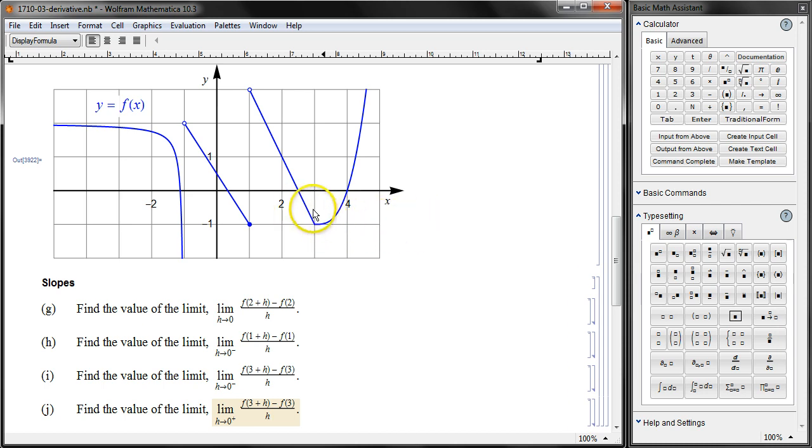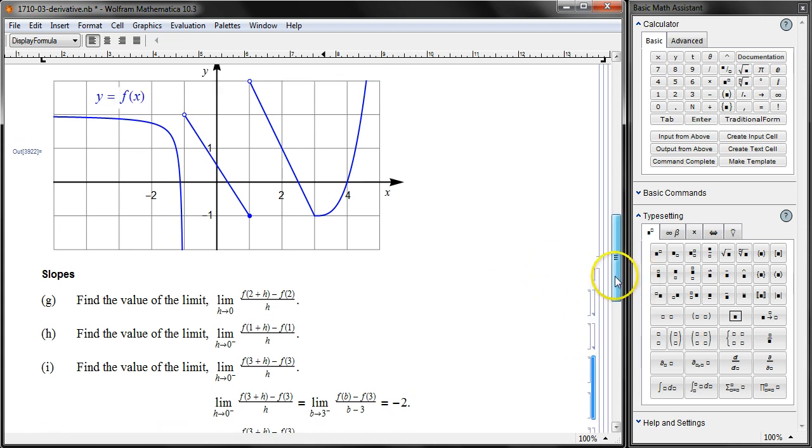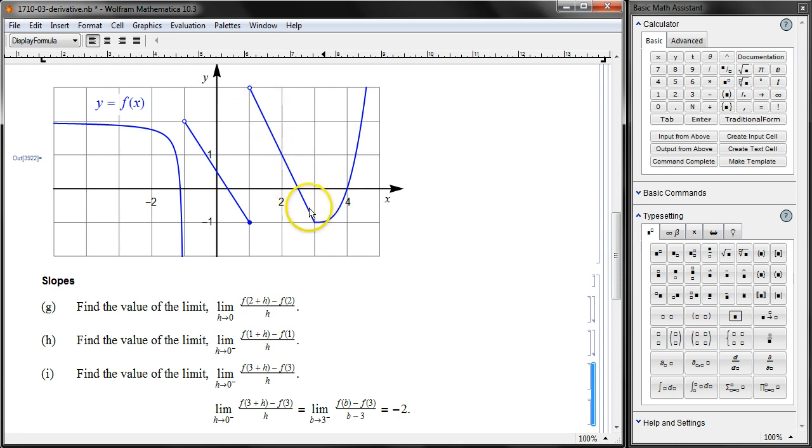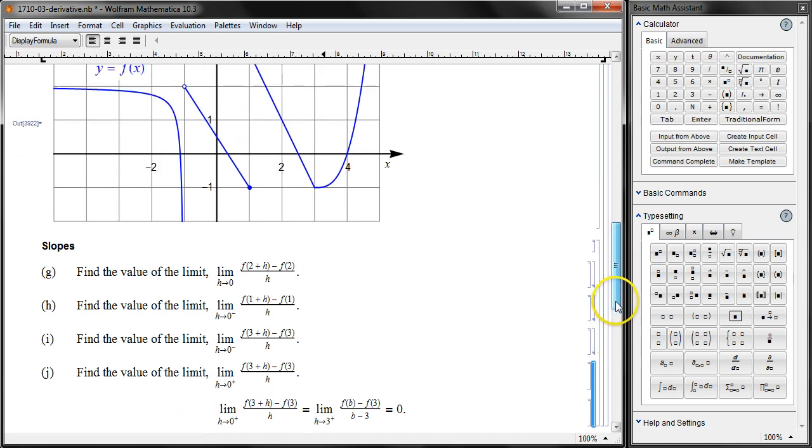So you're looking at this line segment and that slope is 0, because a horizontal line has slope 0. We are looking at -2 for the left hand side, yes, the slope here is -2, and then 0 for the right hand side. The horizontal line is the tangent to the right hand side.